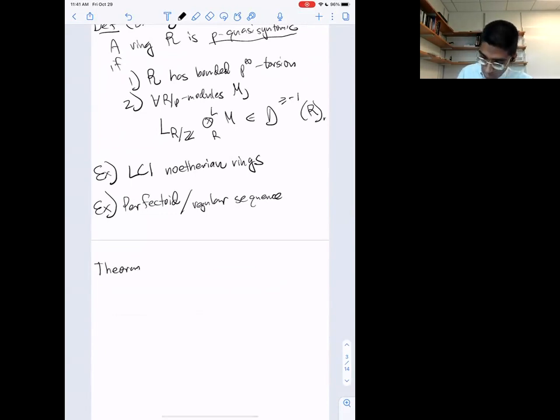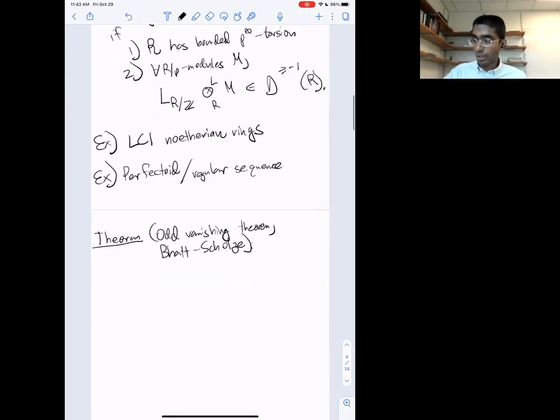This is called the odd vanishing theorem. It's a recent theorem of Bhatt and Scholze. It's proved in their prismatic cohomology paper. And it states the following.